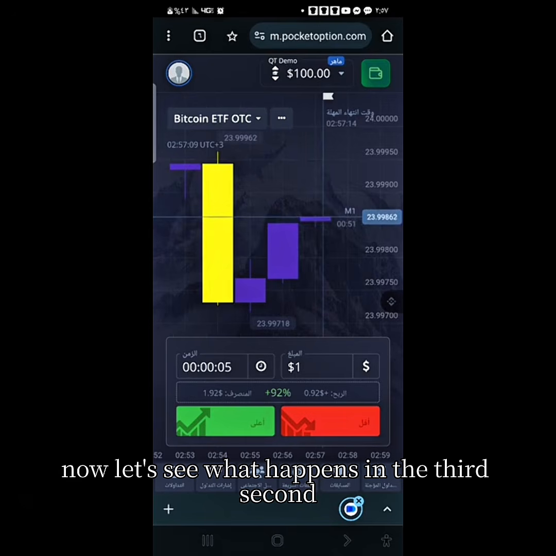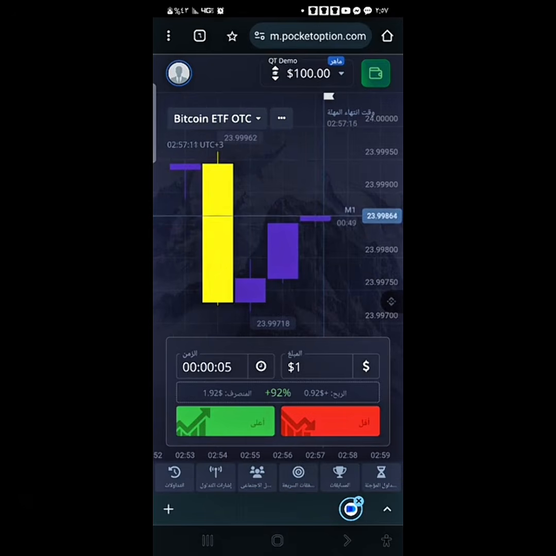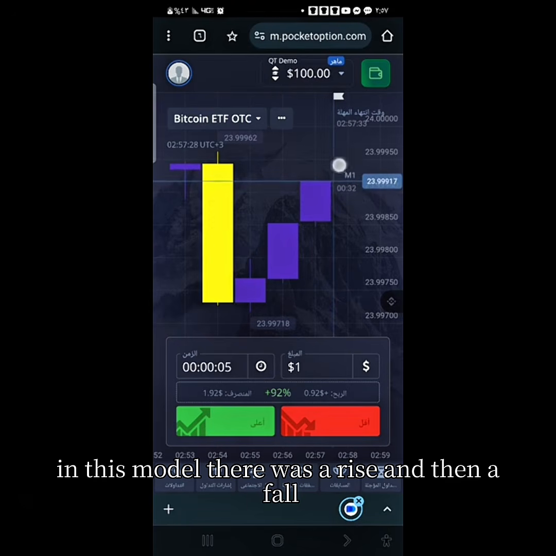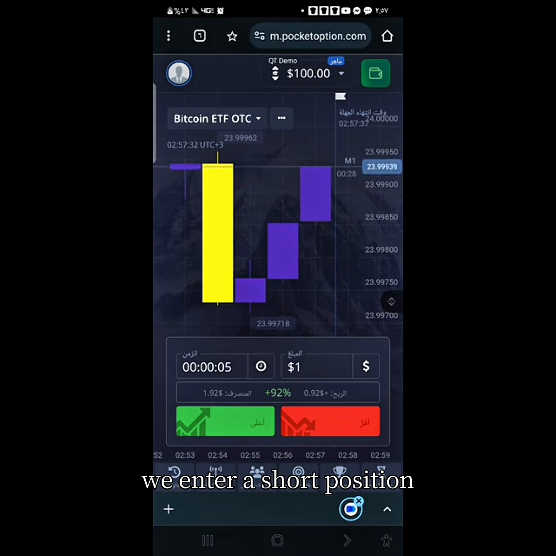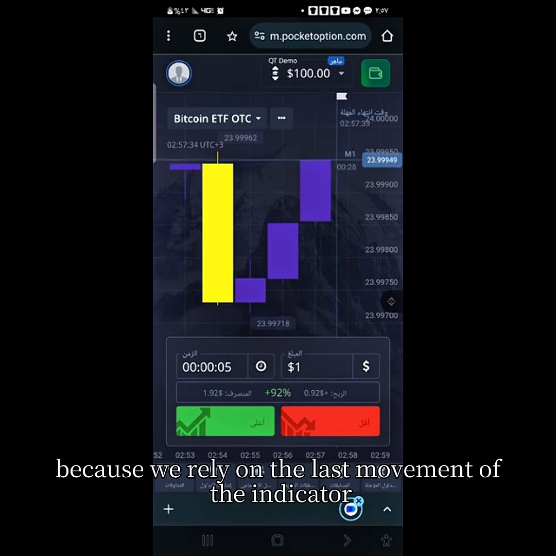Now let's see what happens in the third second. In this model, there was a rise and then a fall. We enter a short position because we rely on the last movement of the indicator.